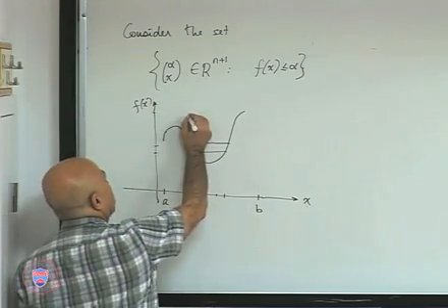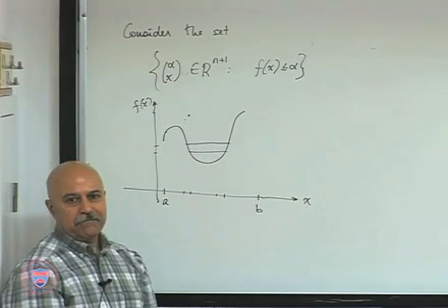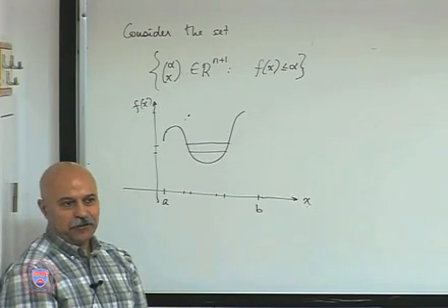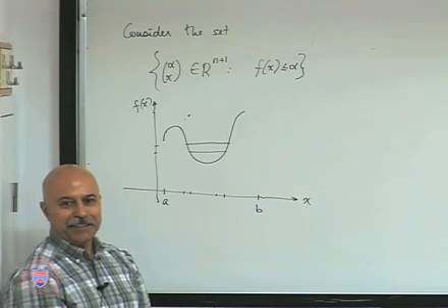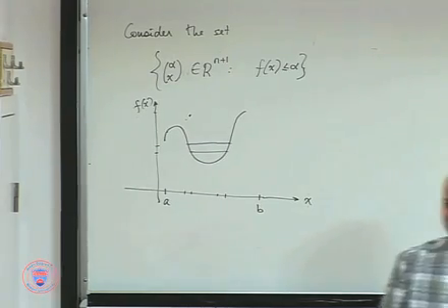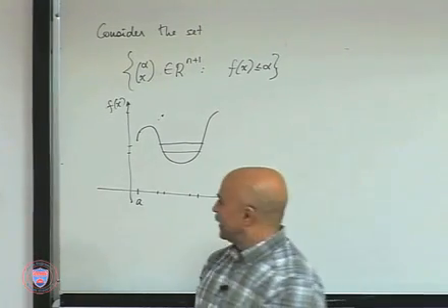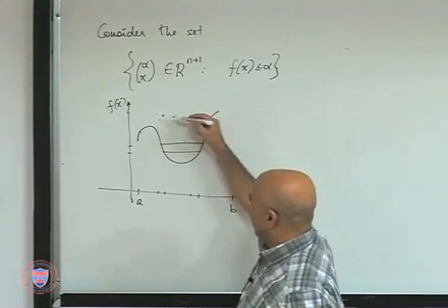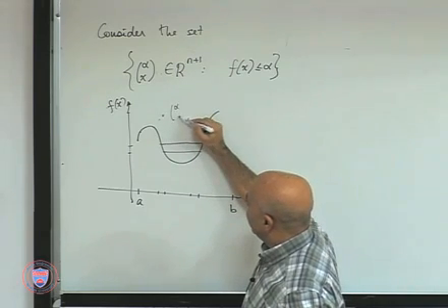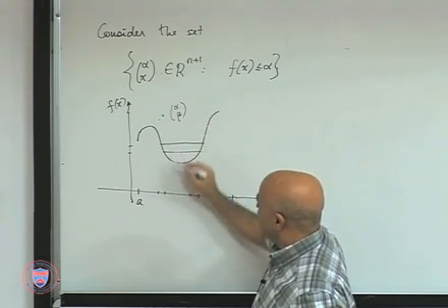Is this point in the set or not? Yes or no? If you put alpha accordingly, it can be in the set. Well, I already have a point here that has, say, the coordinates alpha and beta.